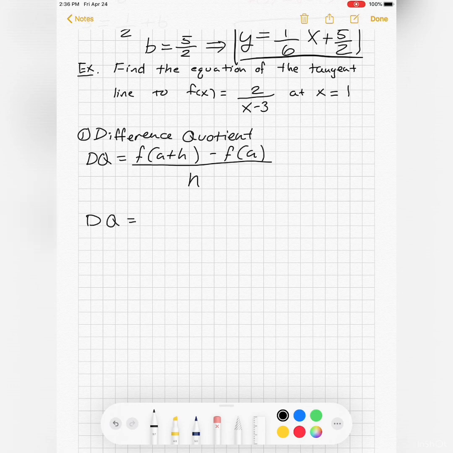And then let me plug in the a plus h. So that'll be 2 over a plus h minus 3. And then plug in the a, 2 over a minus 3.